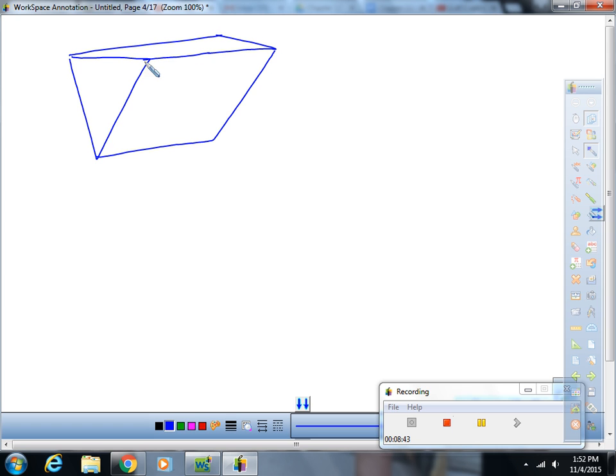Now, the area of the triangle, what we figured out using the double angle formula, is that the area of the triangle in terms of s and theta is 1/2 s squared sine of theta. That's what we did the double angle formula to figure out.